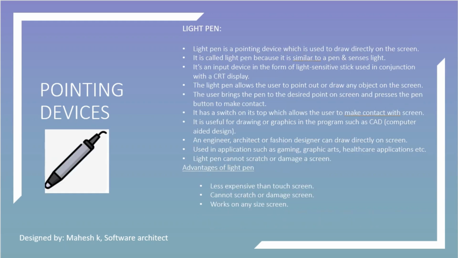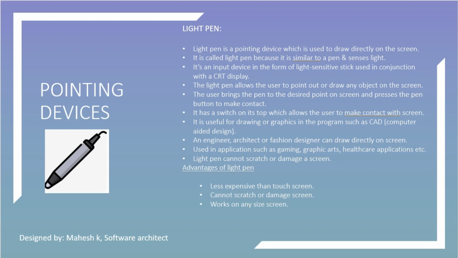Let's go to another pointing device that is called a light pen. You can see in the image how the pen looks like. A light pen is a pointing device which is used to draw directly on the screen. It is called a light pen because it is similar to a pen and senses light.